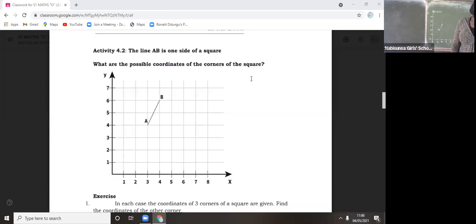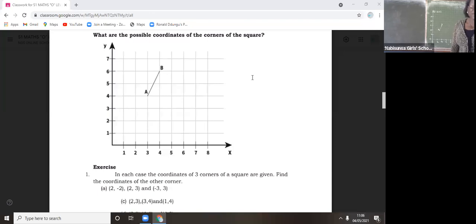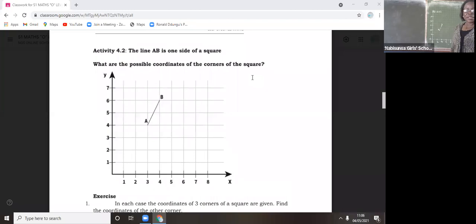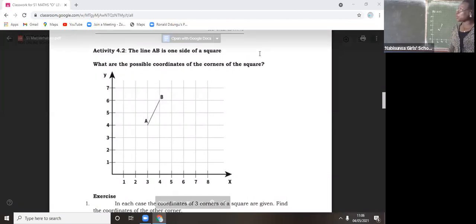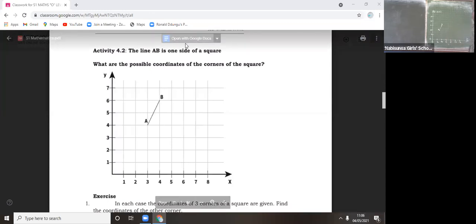The line AB is one side of the square. What are the possible coordinates of the corners of the square? We are given one side of the square. Again, we're supposed to find the possible coordinates of the corners of this square. Now, we have one side.